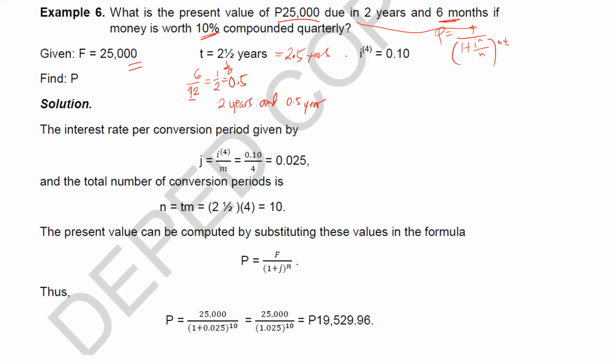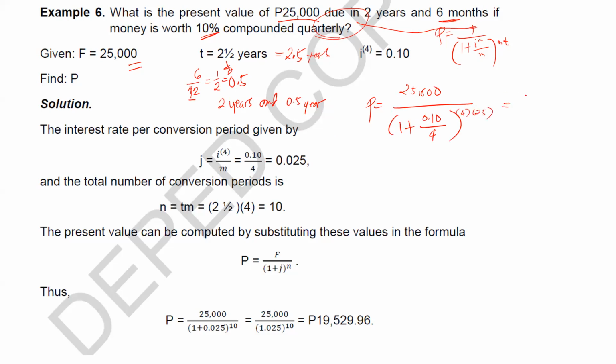Now, principal is equal to F, which is 25,000, divided by 1 plus i over m, where i is 0.10. Since this is quarterly, m is 4, all raised to mt. So m is 4 and T is 2.5.